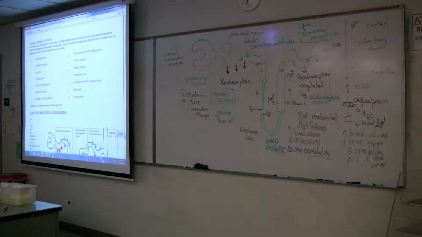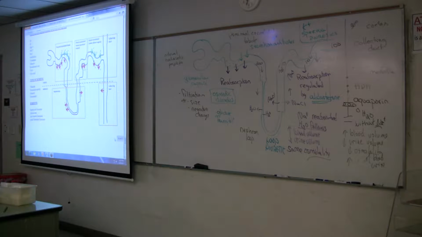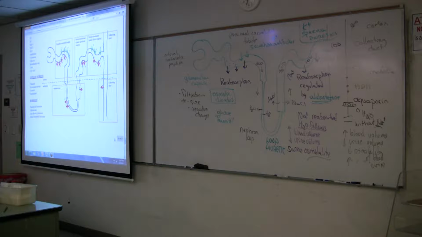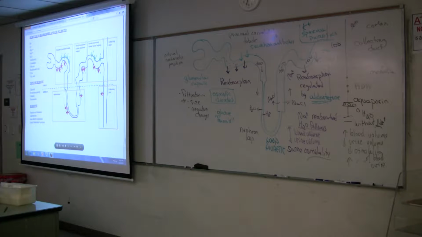And then this one, similar to what I have on the board. But essentially what I've done here is just divided different parts of the nephron. And the red arrows mean it's coming out of the tube, and the green arrow means it's going into, so reabsorption and secretion.